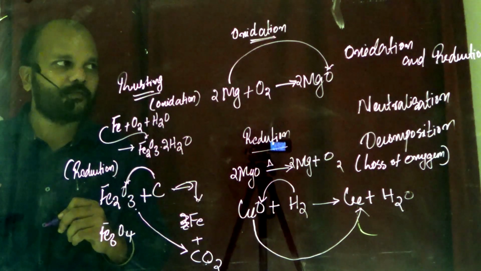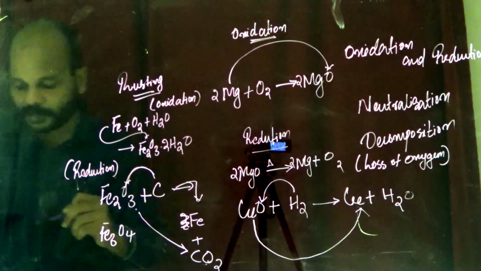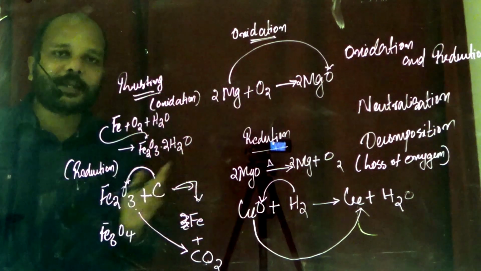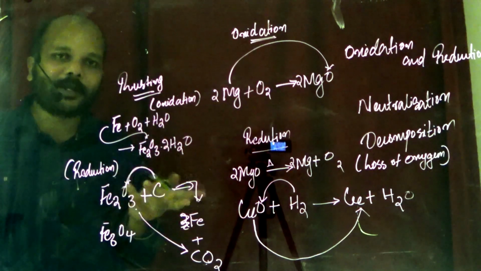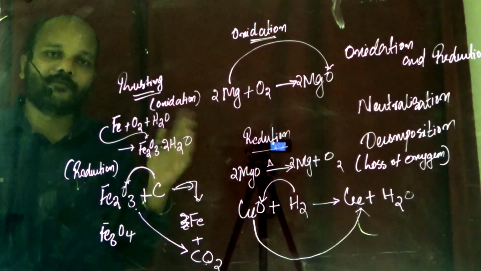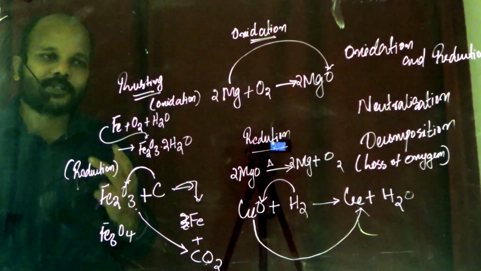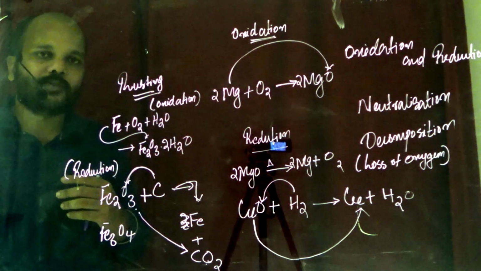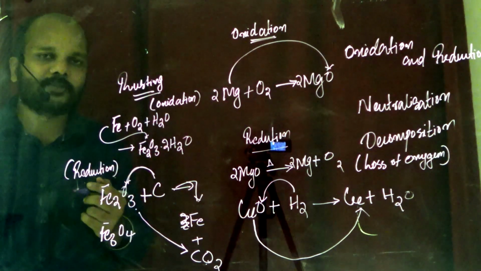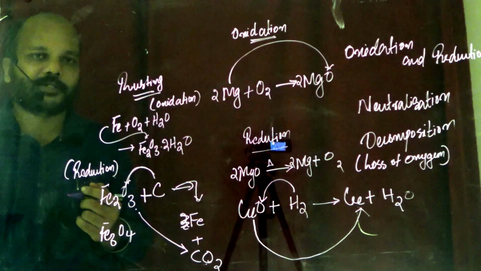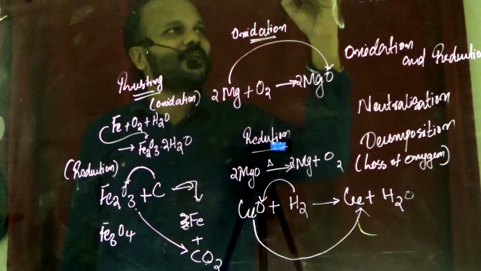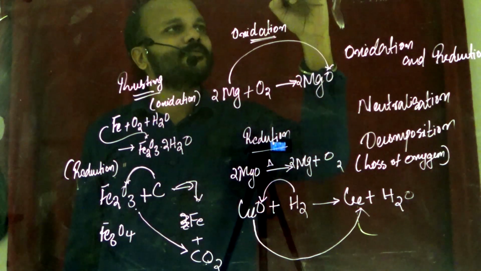There are many reactions that occur in nature where oxidation and reduction are happening. For example, consider the respiration process and food degradation. These are all examples of oxidation and reduction. Now please remember, these are redox reactions.